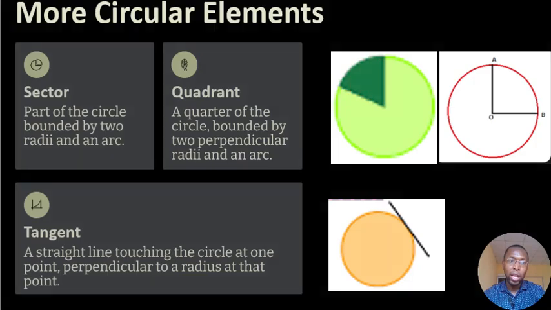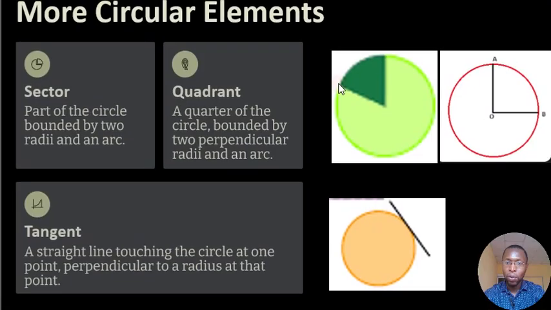Okay. So let's trace that out. So this is one of the radii. This is one of the radii here. Then followed by the other one. So pardon my straight line.